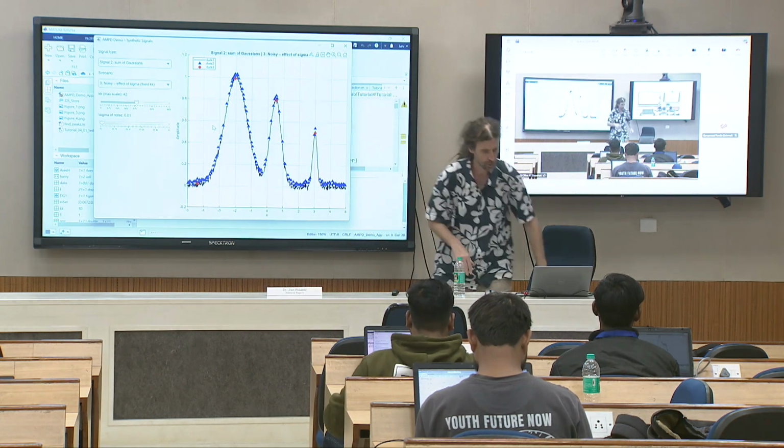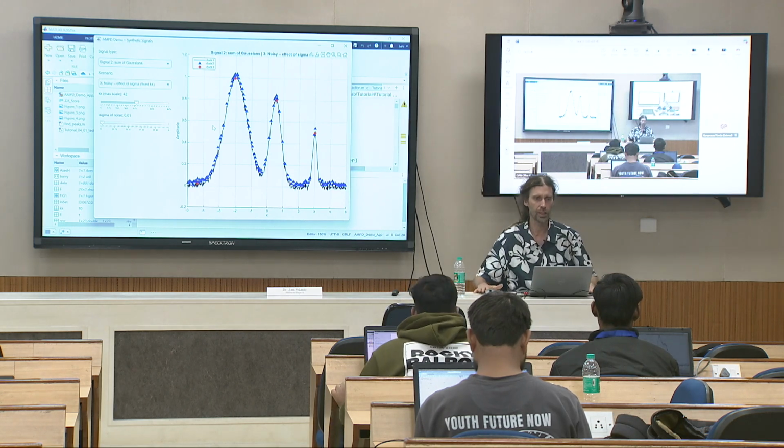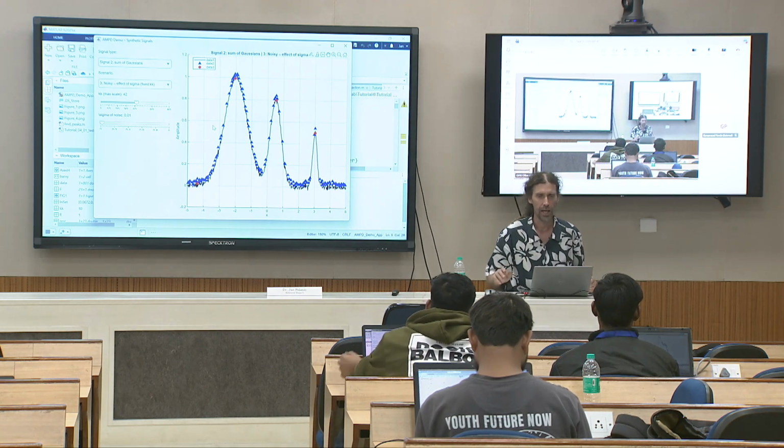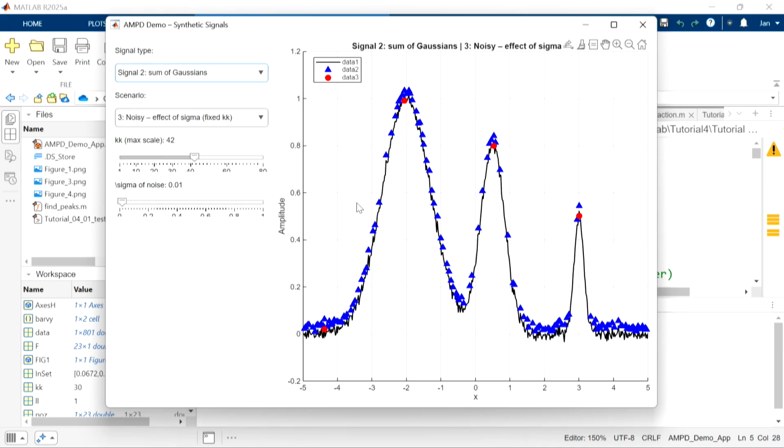Just check it, please, because there is a lot. This is just a combination of noise. I recommend you always tweak only one parameter, not both, because it is hard to discover what influences the result when you change the noise and this parameter KK at the same time.